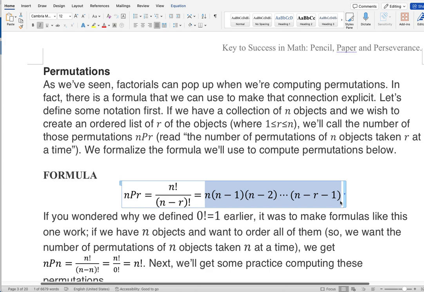If we count 8 out of 8, it starts from 8 all the way down to 1. But we count 3 out of 8, so it starts from 8, down to 7, down to 6. Similarly, nPr starts from n, and if you count very carefully, the very last number, taking r out of n, would be n minus r plus 1.